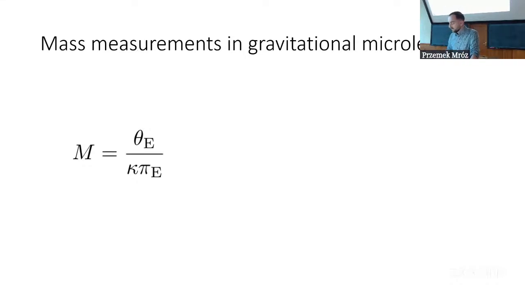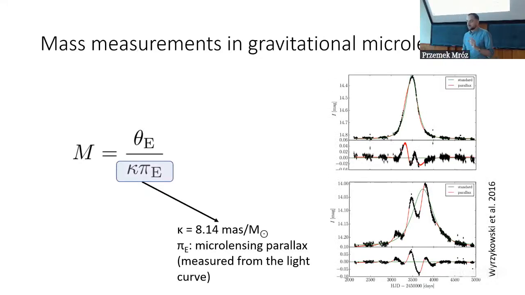Why is that? The reason is that for microlensing events, it's very challenging to measure the mass of the lens precisely. This is because if you want to measure the mass, you have to measure these two quantities: the Einstein radius, and the other quantity is the microlensing parallax.